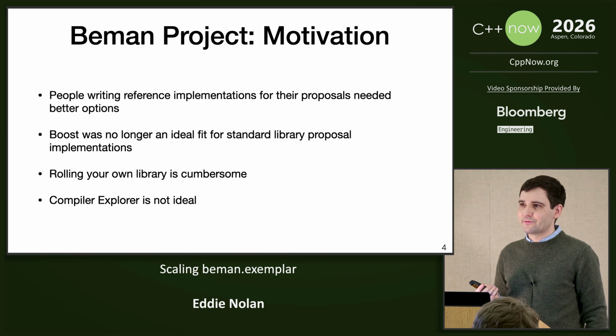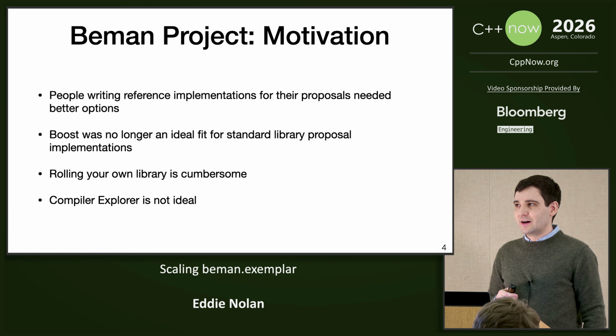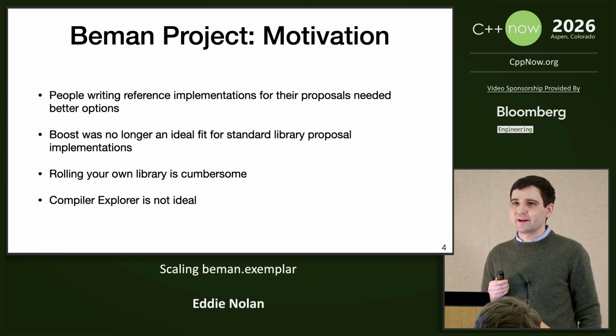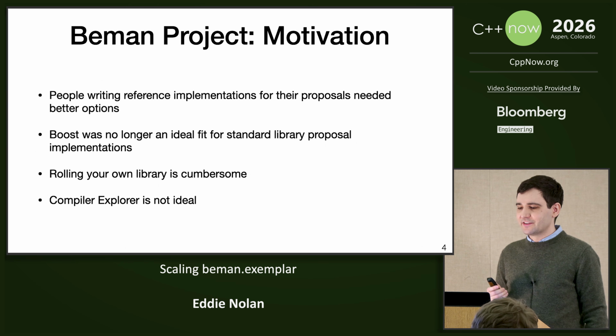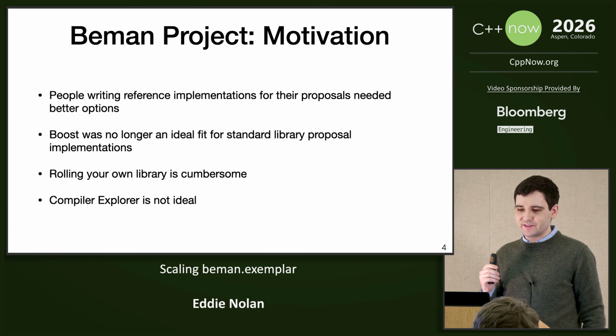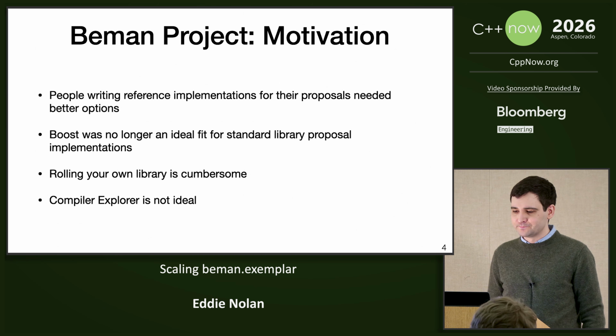And a lot of users would essentially just put a Compiler Explorer link to their implementation in their paper. That's not ideal because it's not really discoverable, and although Compiler Explorer can get you pretty far, it doesn't really give you a great way of having a proper, continuously tested, updated CI infrastructure.